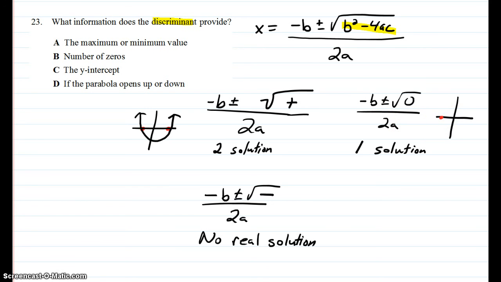And that happens when the vertex is on the x-axis. And then when we have no real solution is when we'll have a parabola that opens up or down with the vertex above the x-axis or below the x-axis. So the discriminant doesn't tell us the minimum or the maximum value. It tells us the number of zeros.